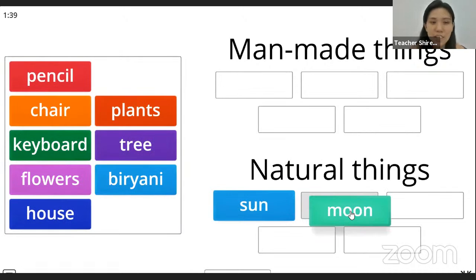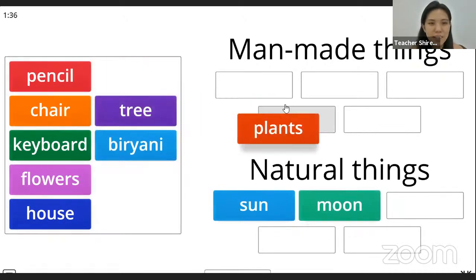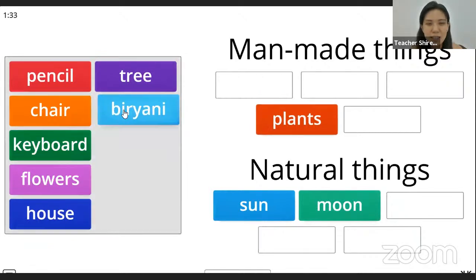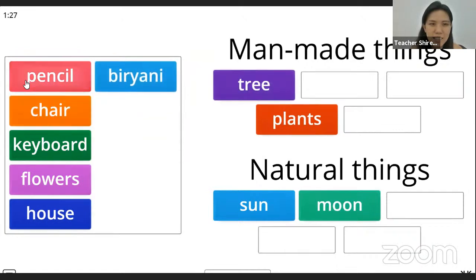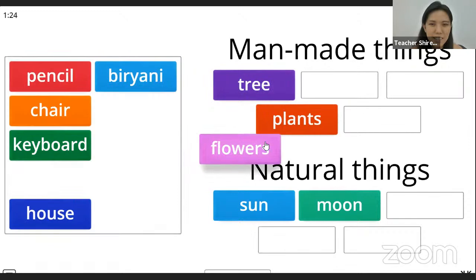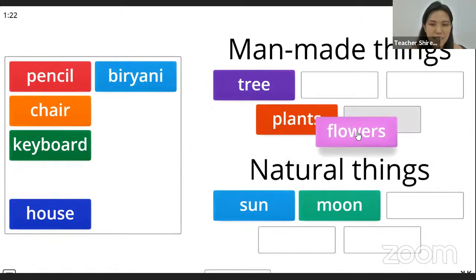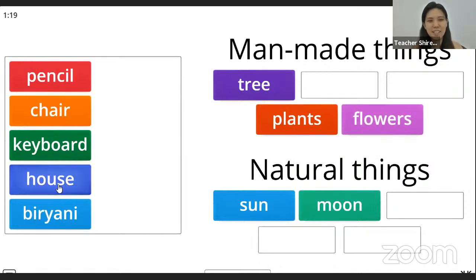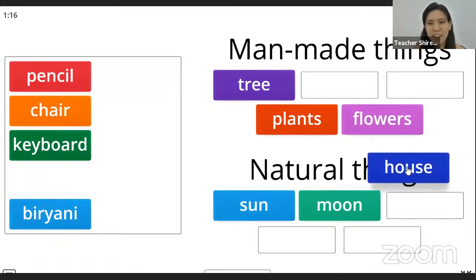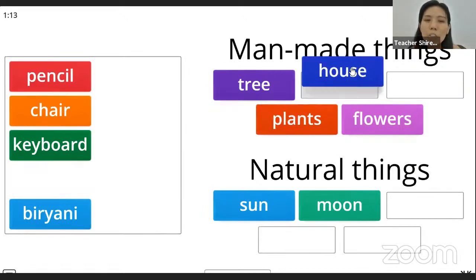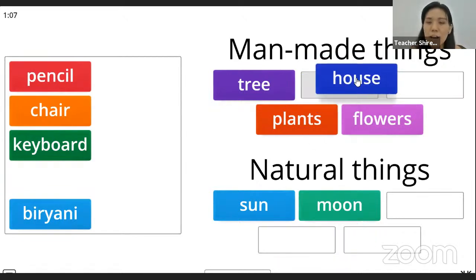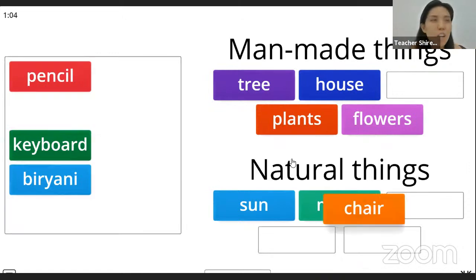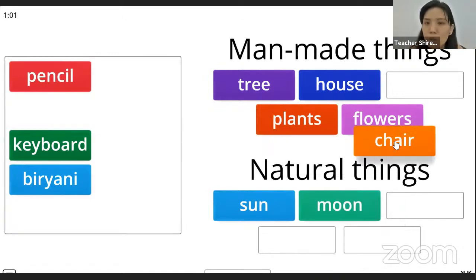Moon, yes, it's also natural. House, is it something someone does or is it original? Yes, house is man-made, because our daddy, mommy, or someone built the house, right? Chair, do we need to make it? Yes, it's a man-made thing.